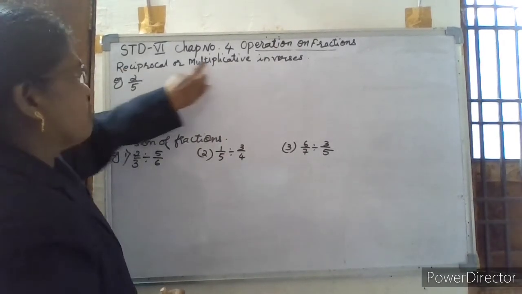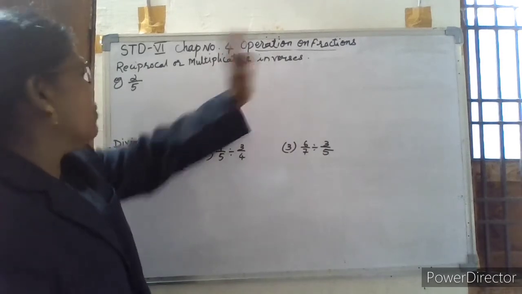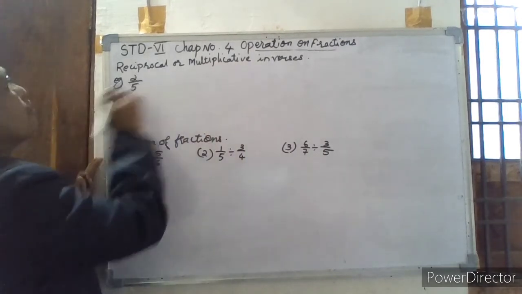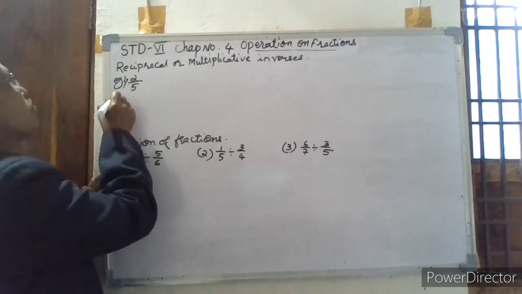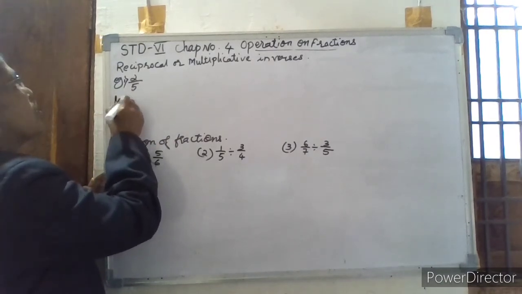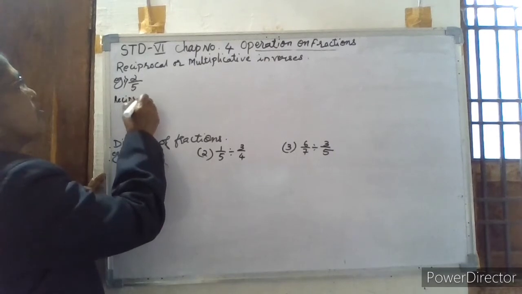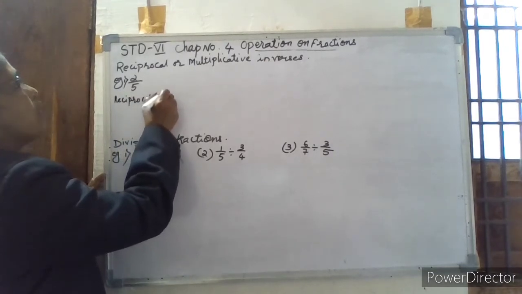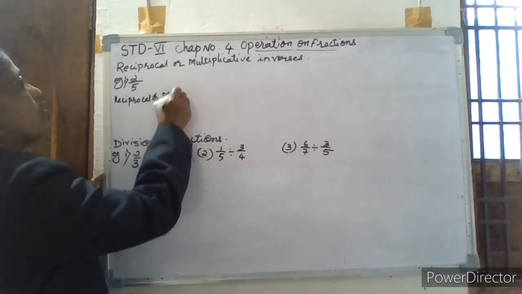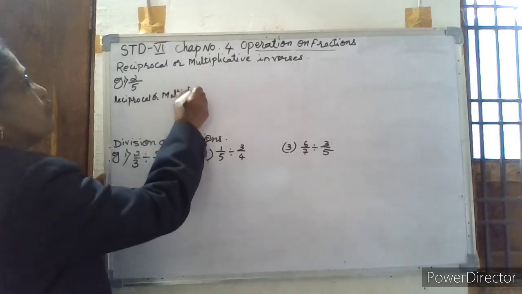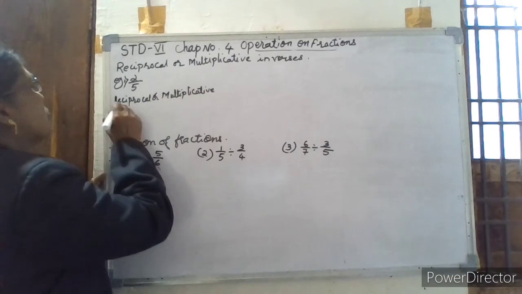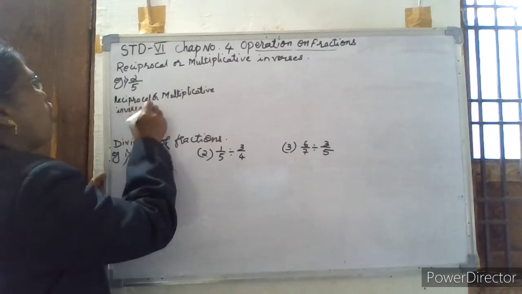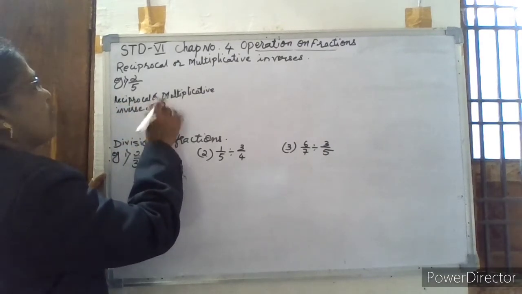2/5 is the example given. Example 1, 2/5. The reciprocal or multiplicative inverse of 2/5 is 5/2.